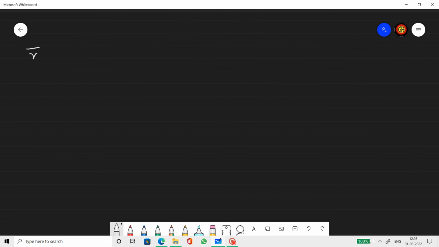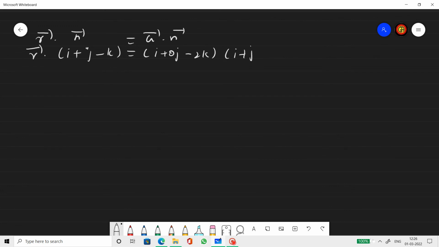So r vector dot i plus j minus k equals a vector dot n vector, where a is i plus 0j minus 2k, dotted with i plus j minus k.